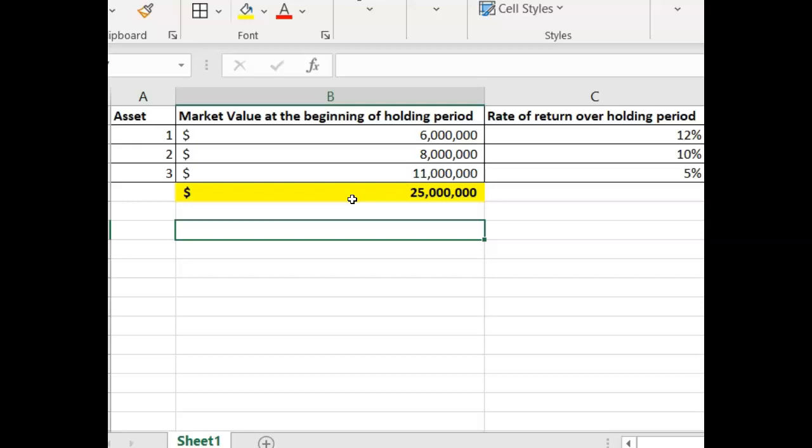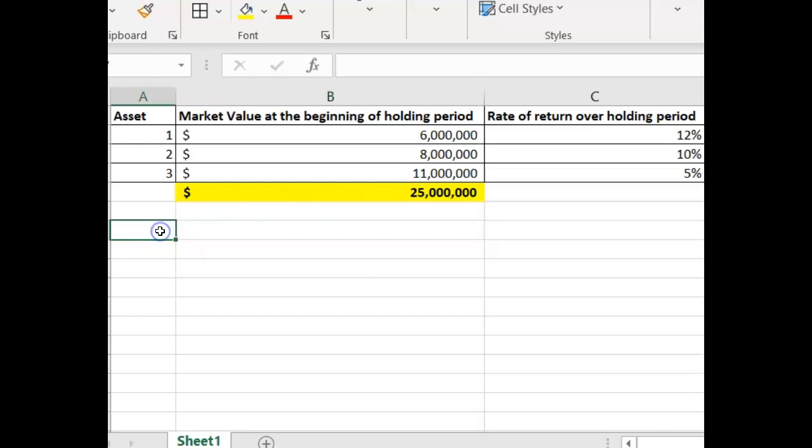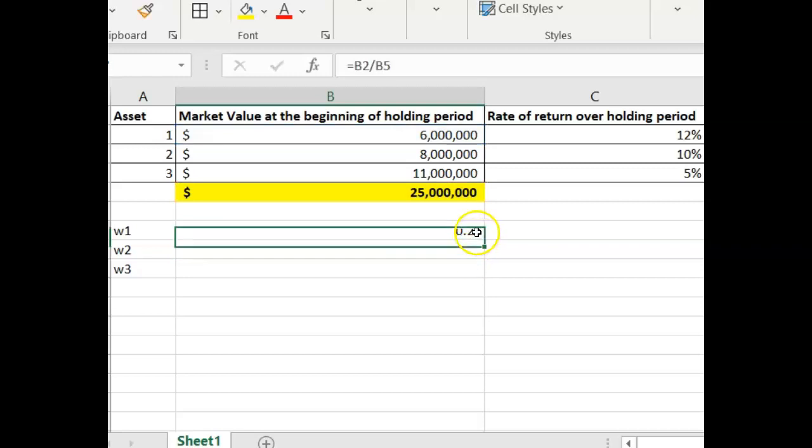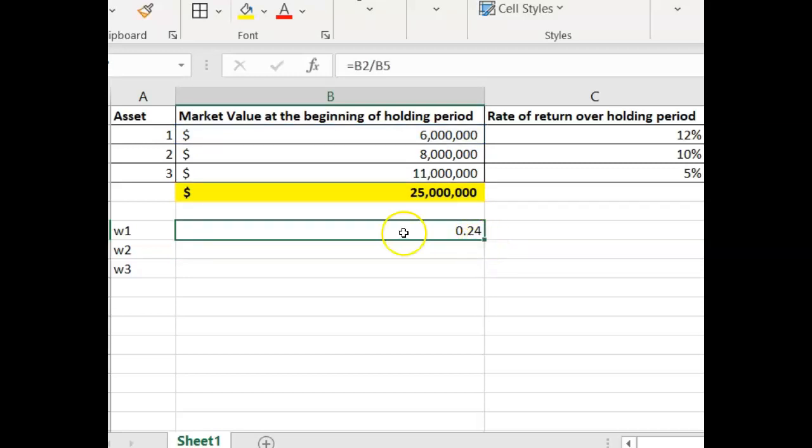So now we can calculate the weights for each of the assets. I'm going to label them W1, W2, and W3. The weight for asset 1 can be calculated by dividing the market value for asset 1 by the total portfolio market value. So this fraction is going to give you the weight for asset 1 in your portfolio.